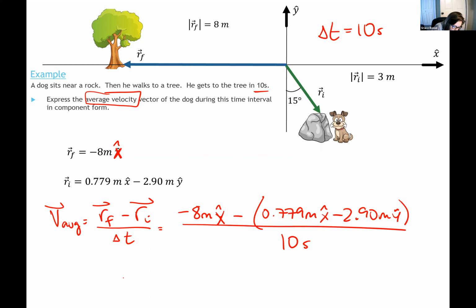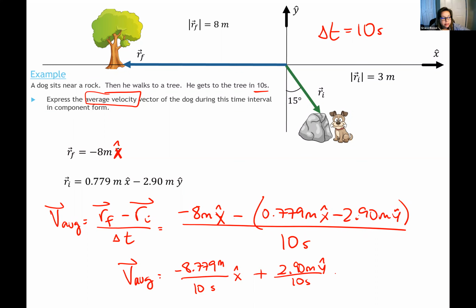So V average. If you do a little bit of arithmetic here, make sure that you only combine x hat terms with x hat terms. I have -8 minus 0.779, so that's -8.779 meters divided by 10 seconds, x hat, plus, because I had minus a negative, plus 2.9 meters y hat divided by 10 seconds.